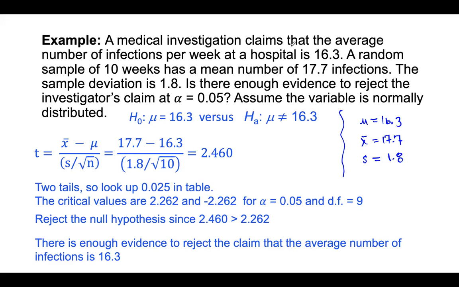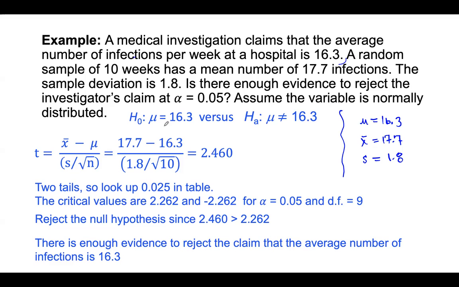The investigator claims that the average number of infections at the hospital is 16.3. So the question is, what is the alternative? That they're basically different.